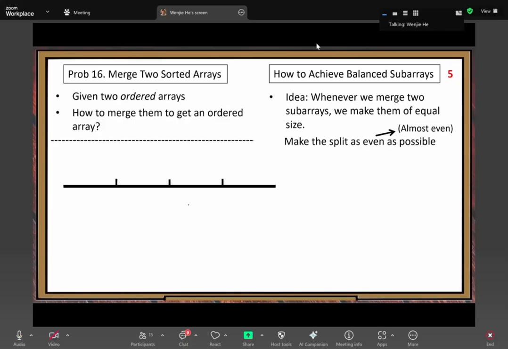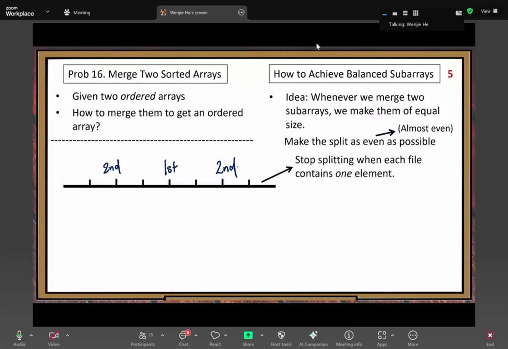Then second round split. So this is the first round, second round, left hand side, right hand side, and third round, and so on.